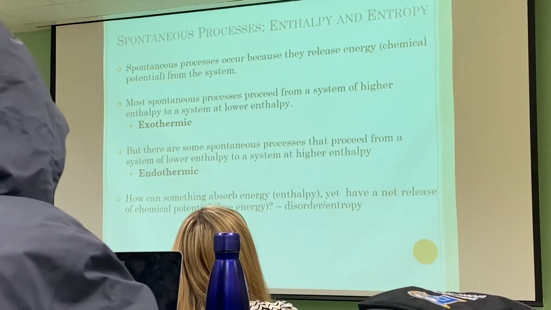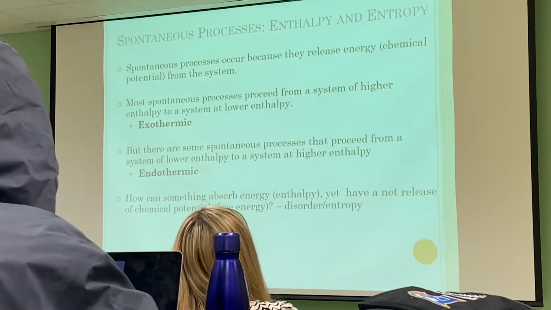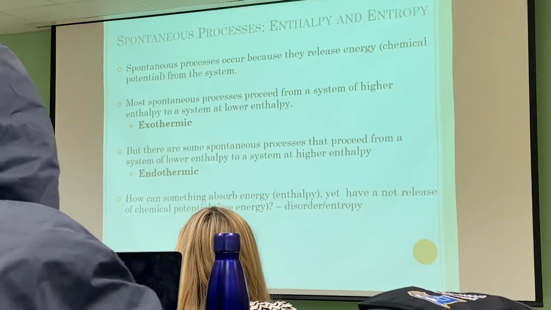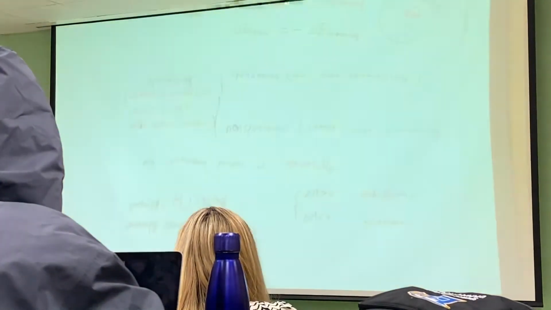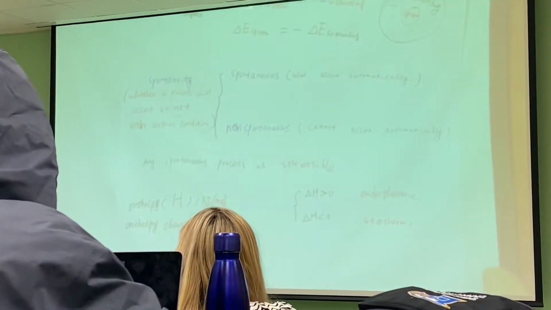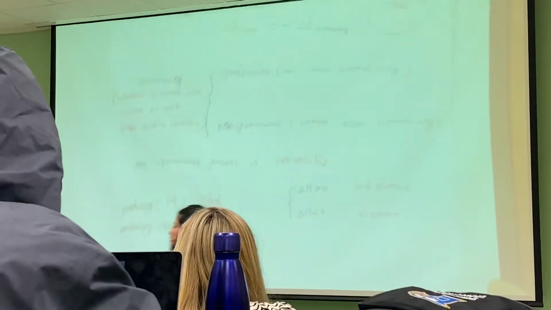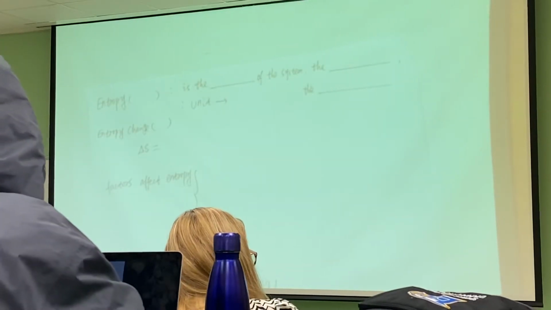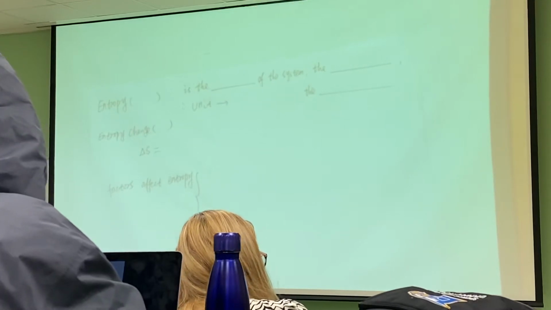You cannot. Then we introduce another term called entropy. Okay, so entropy is the factor that can tell you the spontaneity. Okay, it's also a type of energy, but it tells you whether the process is spontaneous or not.